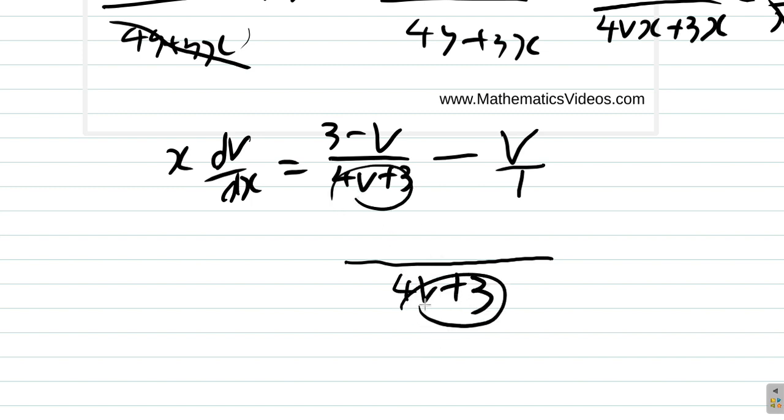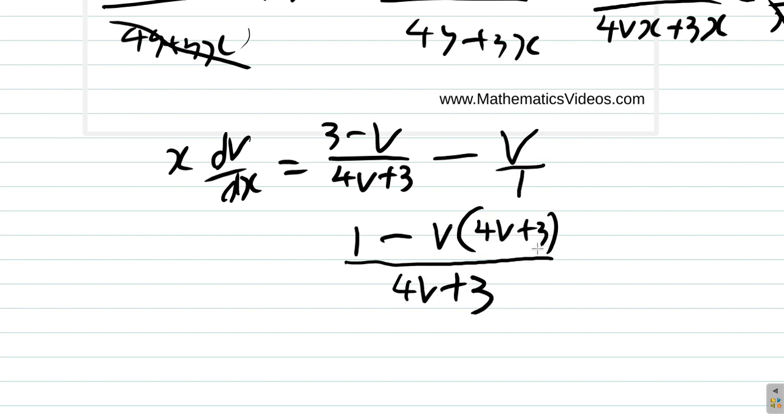4v plus 3 into 4v plus 3 goes 1 times. 1 times 3 minus v is, oh, why do I have 1 up here?